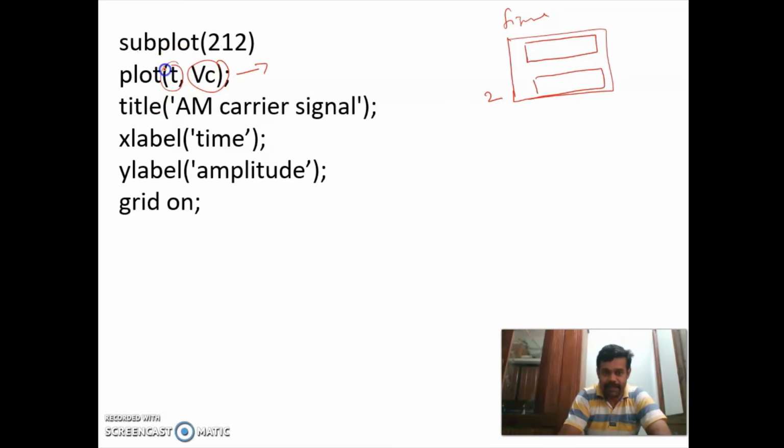In the x-axis you have time, and in the y-axis you have the carrier signal. The title is AM carrier signal. x label time, y label amplitude, and grid on. So we have completed the first figure. The first figure has two subplots: one is your modulating signal, another one is the carrier signal.